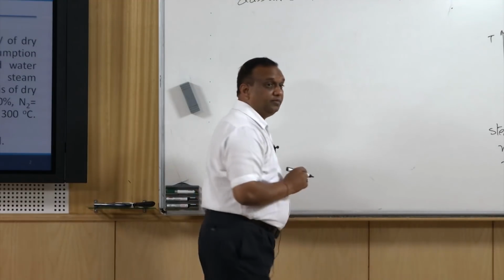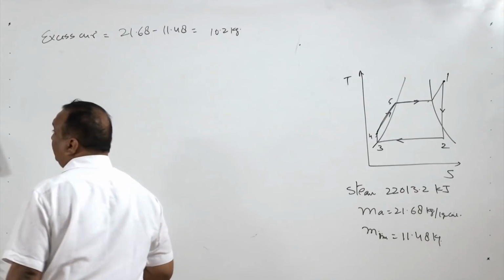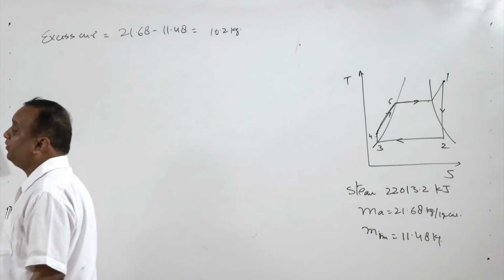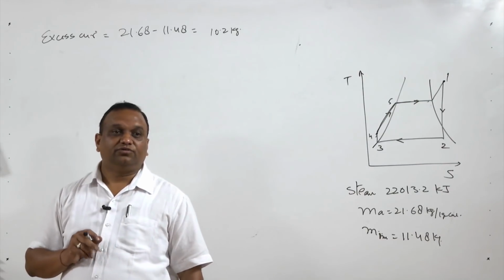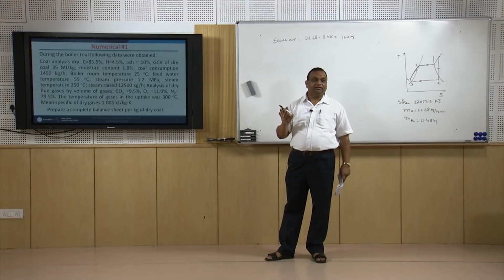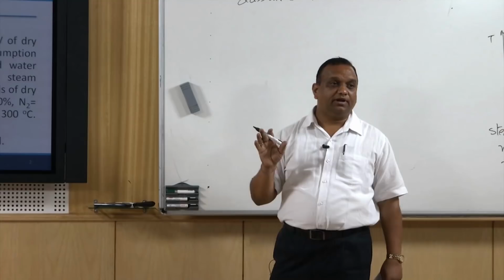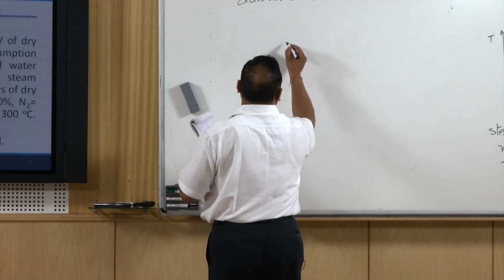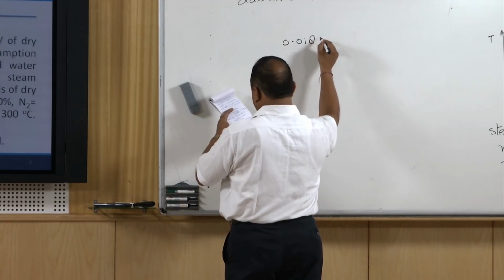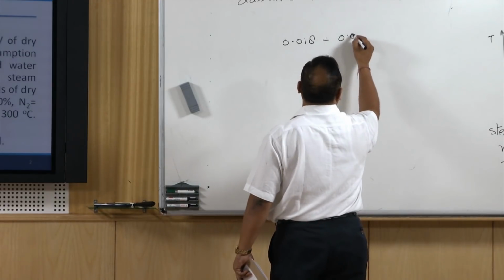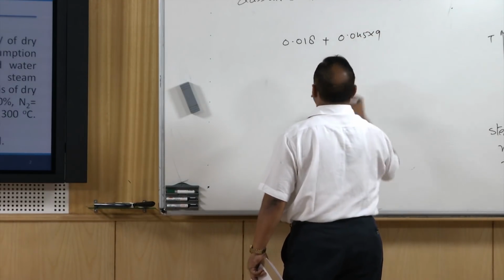Now the mass of water vapor. The percentage of hydrogen is 4.5%, and the moisture content is 1.8%. This moisture takes heat from the coal, is converted into high temperature vapor, and goes with the flue gases. So moisture is 0.018 plus hydrogen 0.045 into 9.